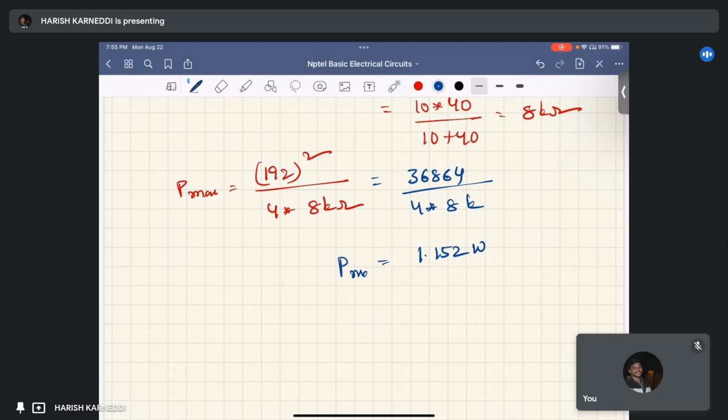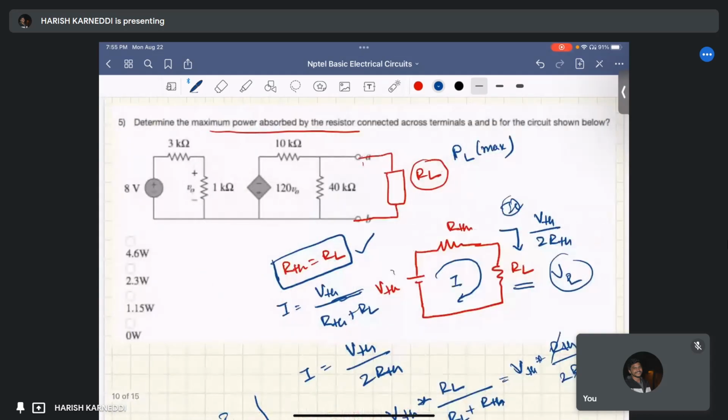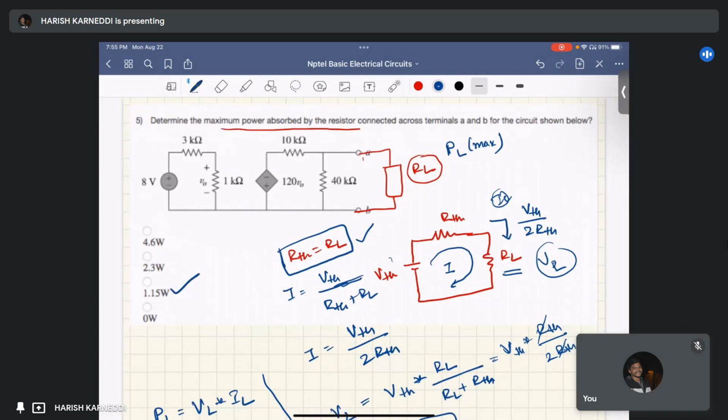The maximum power, PL maximum, is 1.152 watts. That equals option C, 1.15 watts.